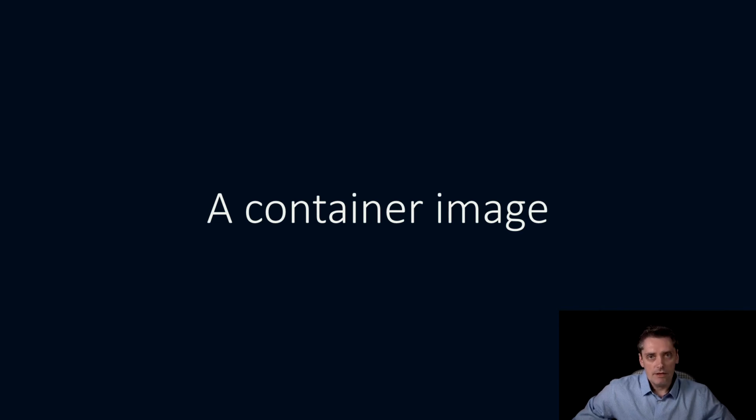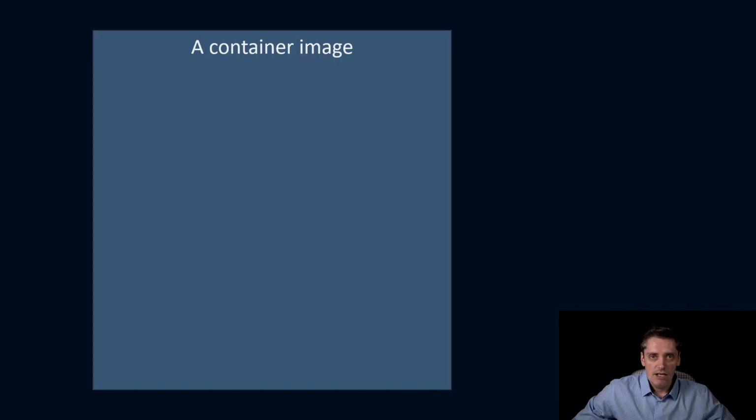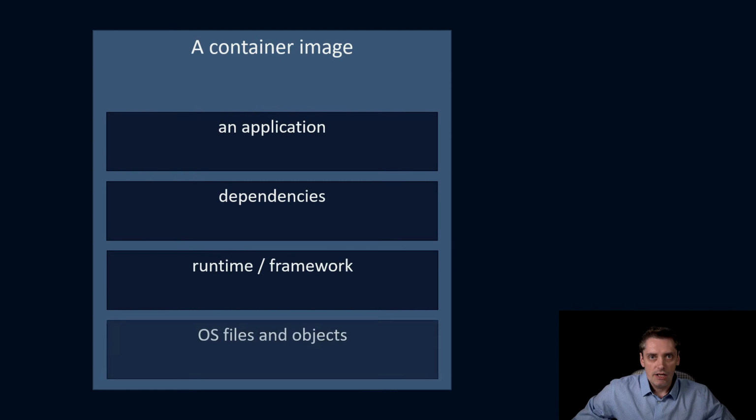Many people think that a container is a distribution or a deployment package of an application, but actually it is not. A container image is that package. It splits into several layers. These layers contain everything needed to let an application run: an application itself, its dependencies, a runtime, operating system files and objects.